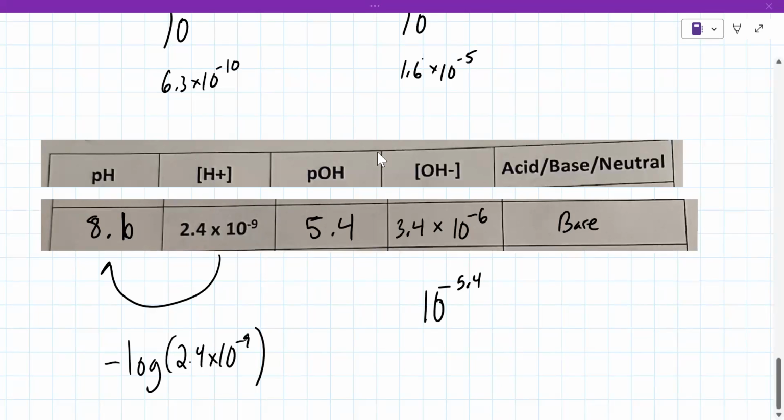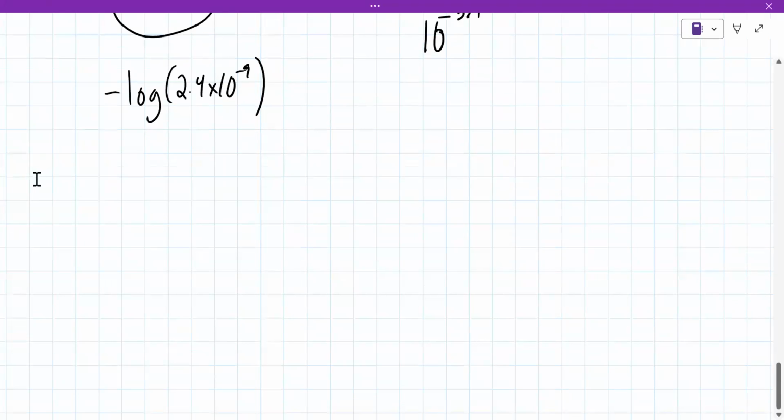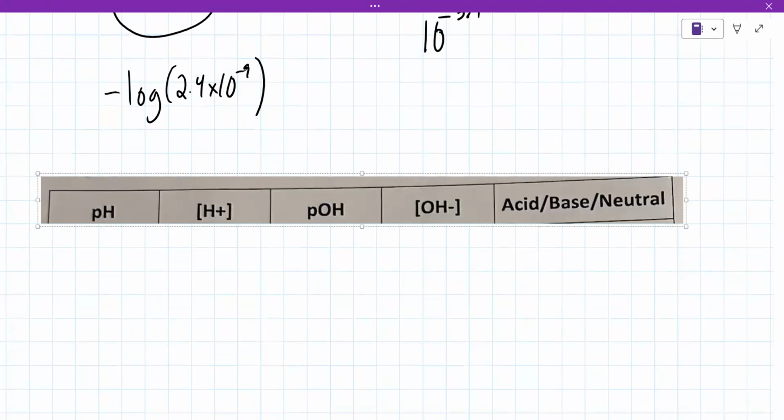All right, let's do one more. Is there any more on this page that stand out to you? No, I understand how to do them now. Let's just do the last one then, and I'll let you work on that.